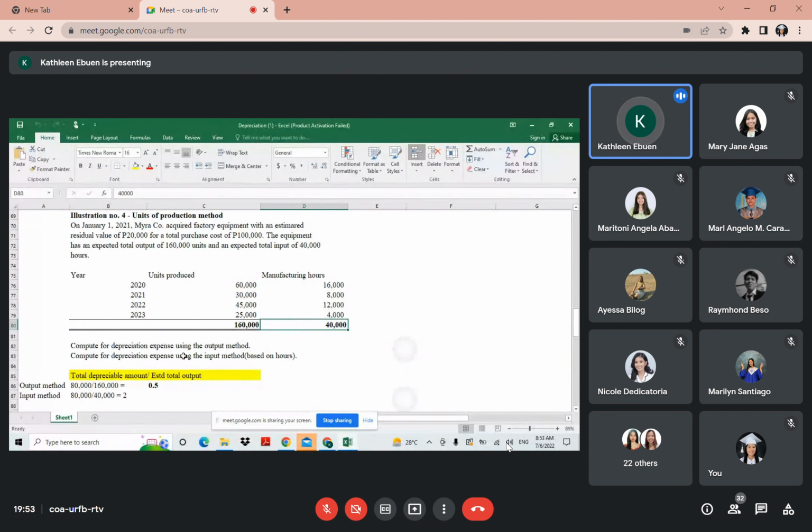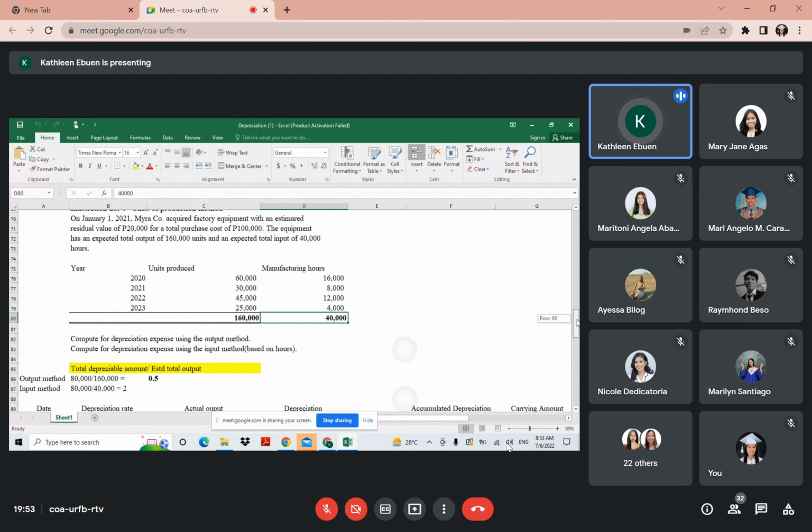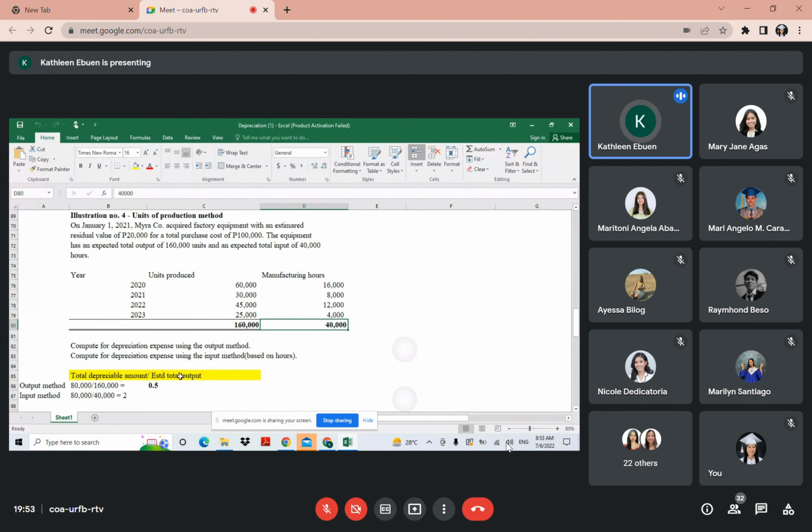Okay, so compute for depreciation expense using the output method. So total depreciable amount over output lang naman or input. So sa output method, that is 80,000 na depreciable amount, that is 100,000 na cost ng equipment less the salvage value na 20,000, that is 80,000, over units produced, so 160,000.